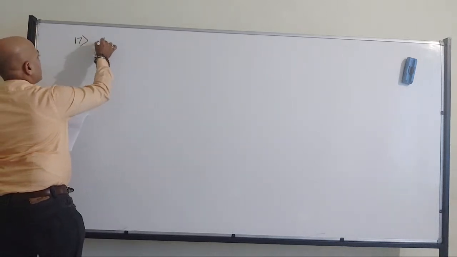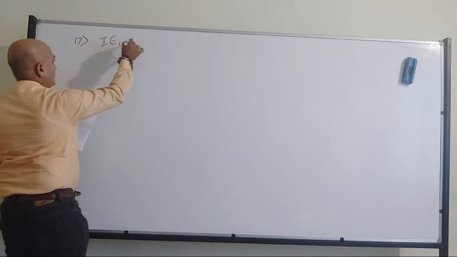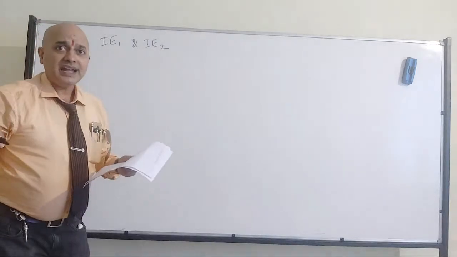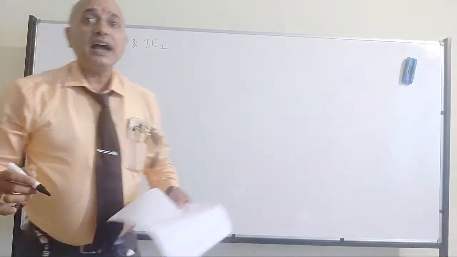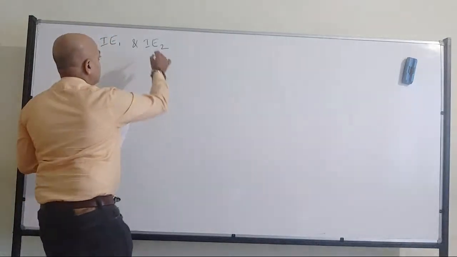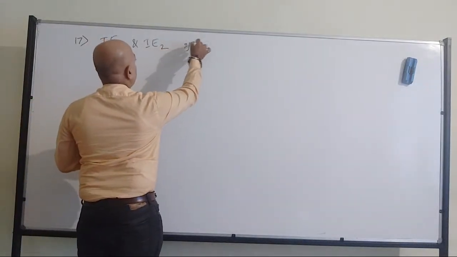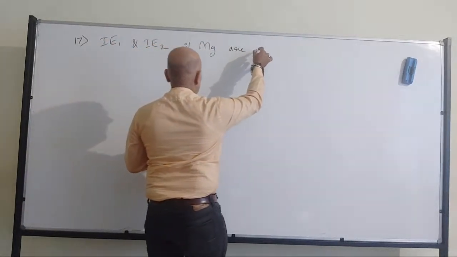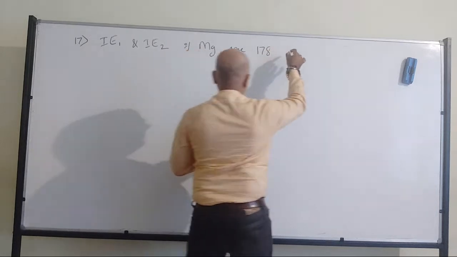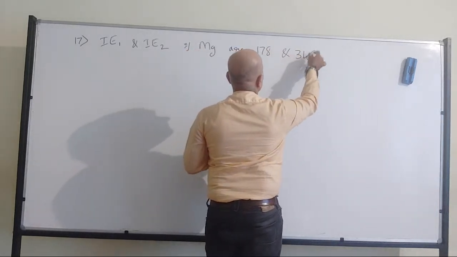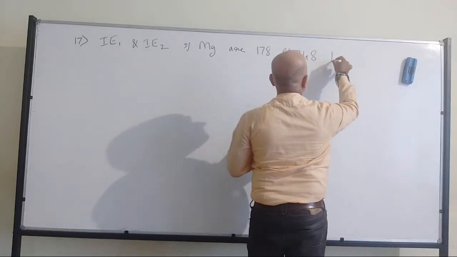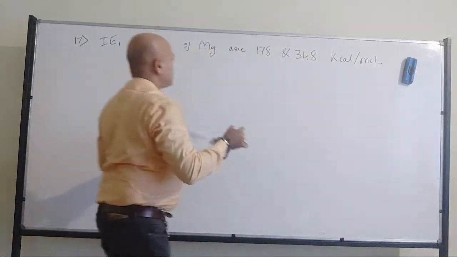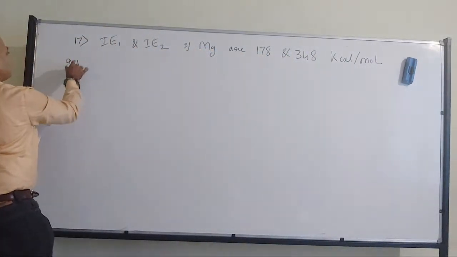Ionization enthalpy 1, I will write it as IE1, and ionization enthalpy 2, IE2. What do you mean by IE1? Ionization enthalpy 1 and ionization enthalpy 2 of magnesium are 178 and 348 kilocalories per mole respectively.